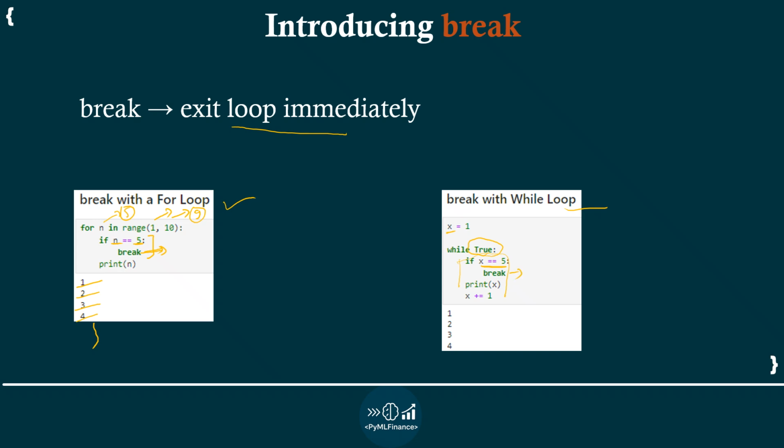Other than that, we are simply printing x and then incrementing x by 1. So we have 1, 2, 3 and 4 printed. Now x becomes 5, it checks if x is equal to 5, the condition is true, so it simply comes out of the loop. And this pattern is very common in real programs.